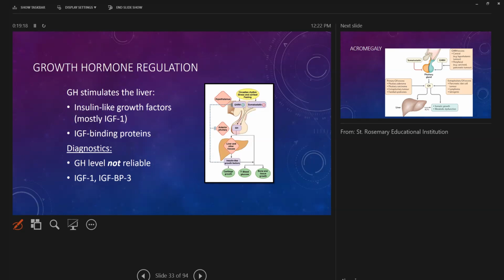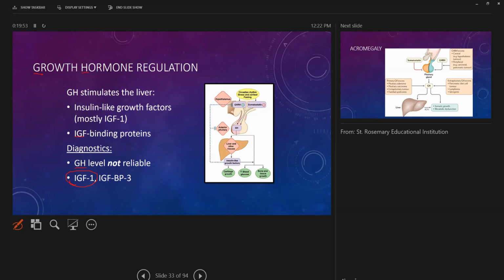And then there are insulin-like growth factor binding proteins that are also in play. The take-home here is that insulin-like growth factor, or its binding protein, is what we want to test for, because the GH level itself is not a very reliable test. It's transient, so it makes the signal and then it's gone. So IGF is really what we check for any concern of growth hormone abnormality.